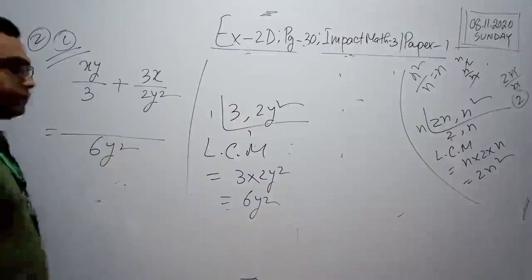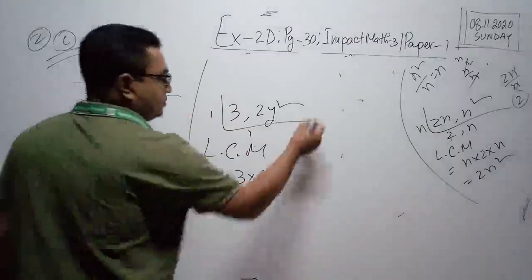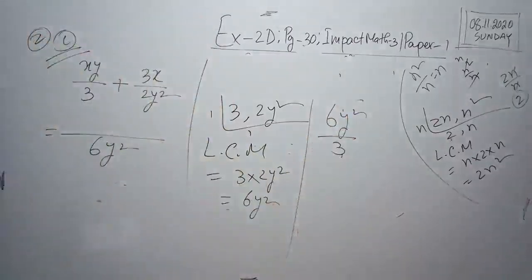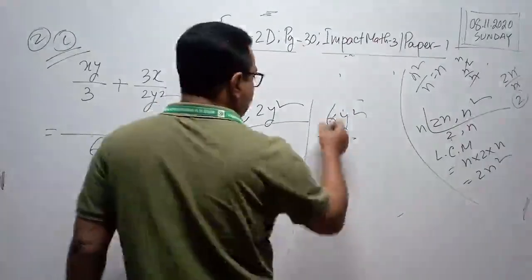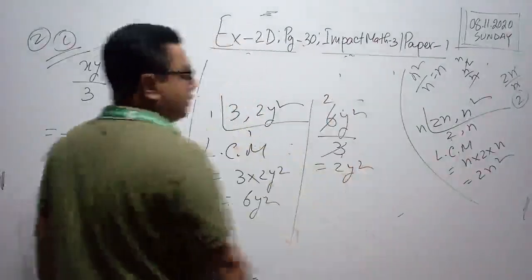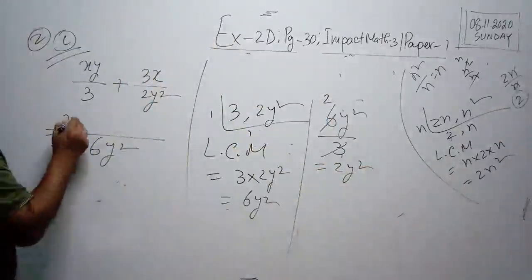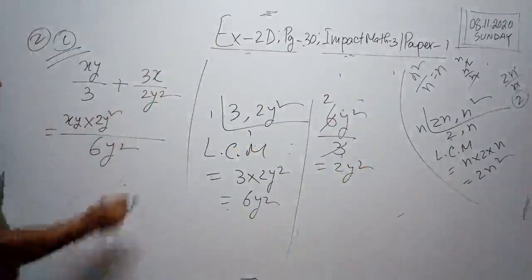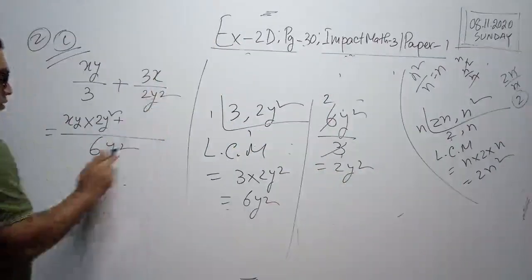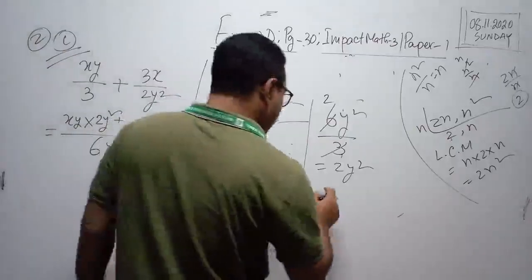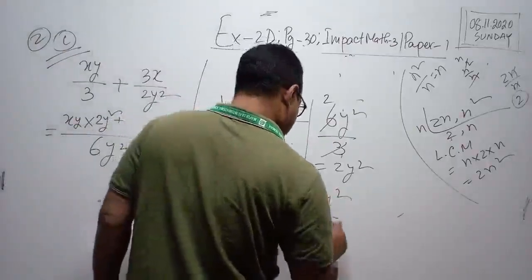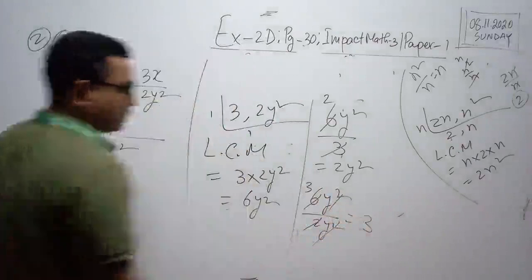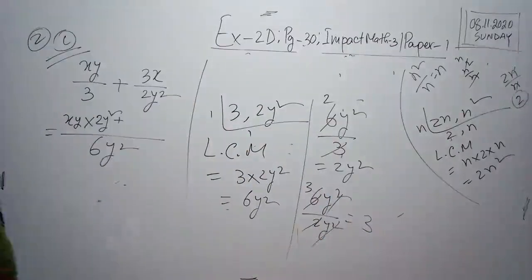6y square. 3 goes into 6y square: 6y square divided by 3. 3 goes into 6 two times, that means 2y square. That 2y square will be multiplied with the numerator. This 2y square will divide 6y square: y square cancels, 2 goes into 6 three times.